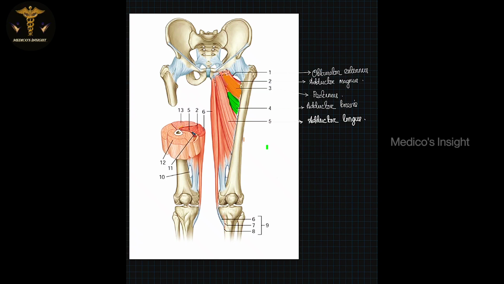So another muscle is known as most medially here.